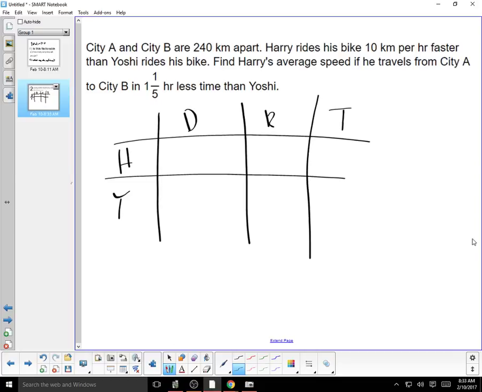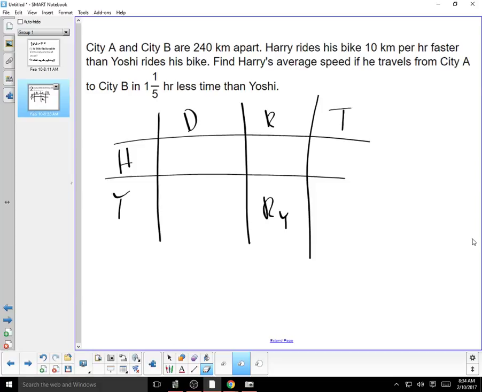So let's see here. 240 kilometers apart. Harry rides his bike 10 times faster than Yoshi. So we're going to leave Yoshi's rate alone. So he's going to be rate of Yoshi. Yeah, okay. I thought it was 10 times faster.